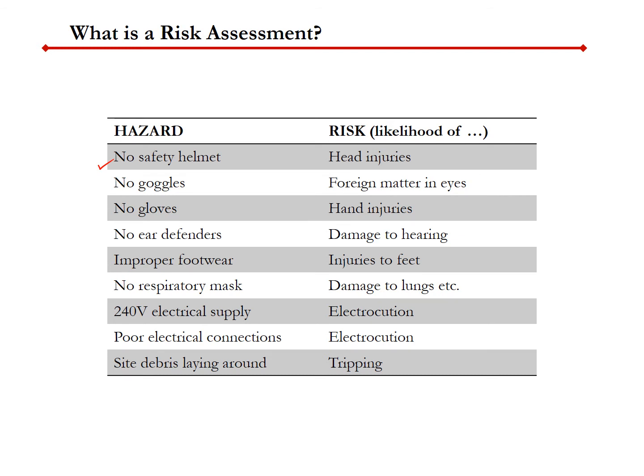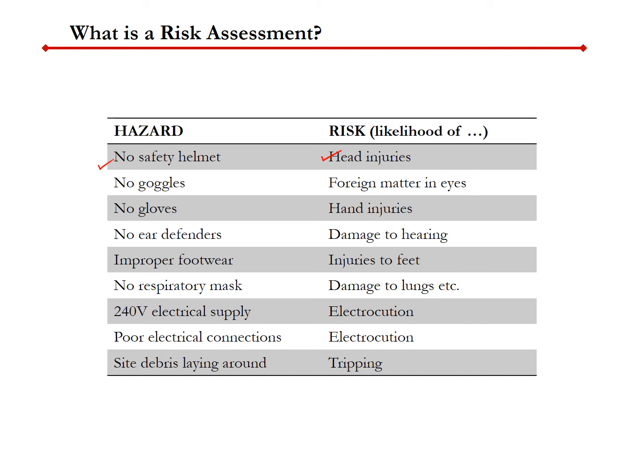But the likelihood that he's going to have head injuries, that harm will actually be caused, is called the risk. This likelihood could be low and it could be high. That depends on the frequency of falling objects. Are there falling objects on the site, and how frequently are these objects falling from heights? So this could lead to head injuries. It could be other things, like bumping his head into overhead obstructions and things like that.